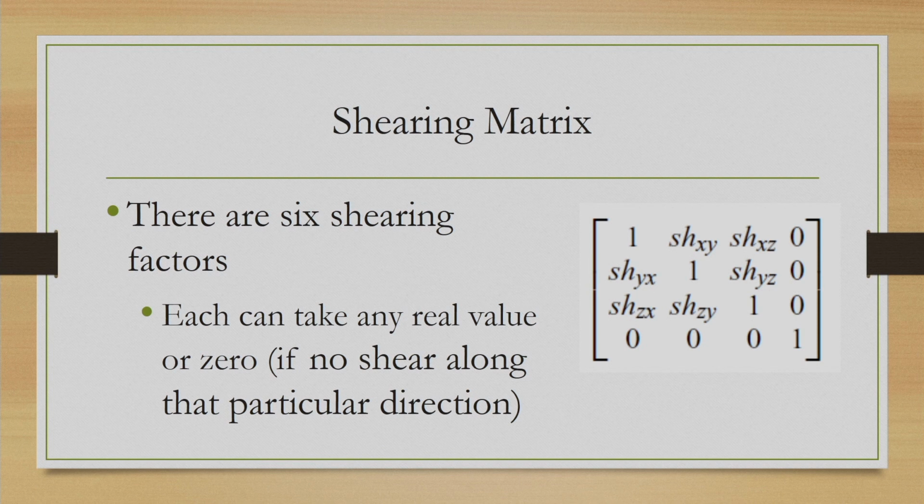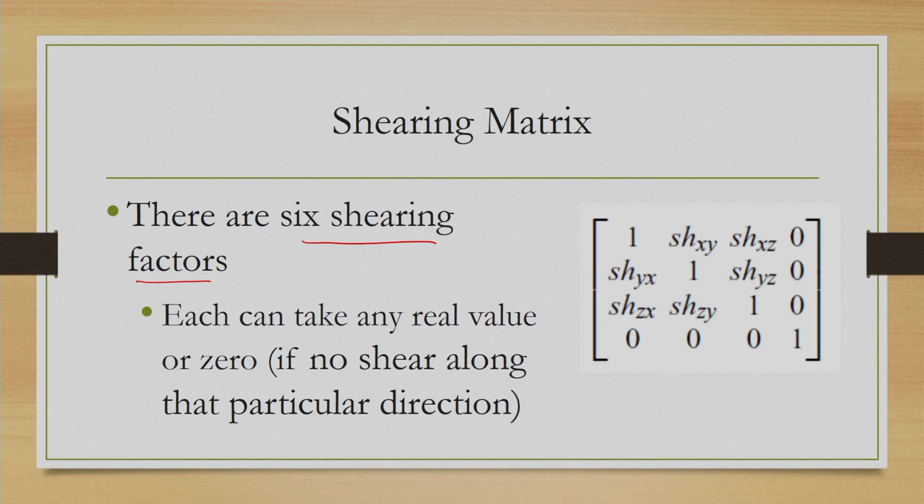In fact, we can define 6 shearing factors. Recollect that shearing factor refers to the amount of distortion or deformation we want to introduce along a particular axis. So, in case of 3D shearing, we can define 6 shearing factors, and each factor can take any real value or 0 if no shear along that particular direction takes place.